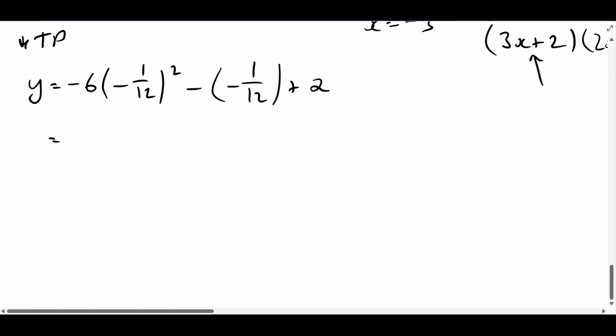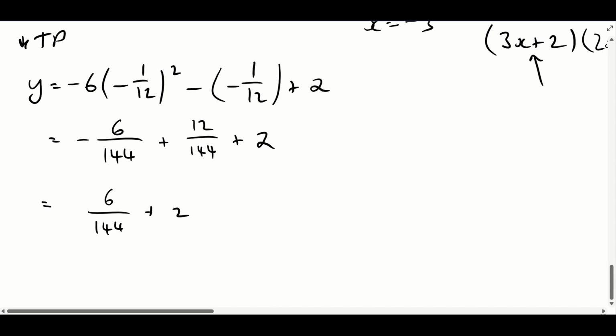So we get 6 over 144 plus a 12th plus 2. Sorry, this will be minus 6 over 144. My apologies. I can rewrite this 1 over 12 as 12 out of 144. So minus 6 plus 12 over 144 is 6 out of 144, and then I have to add 2 on the end.